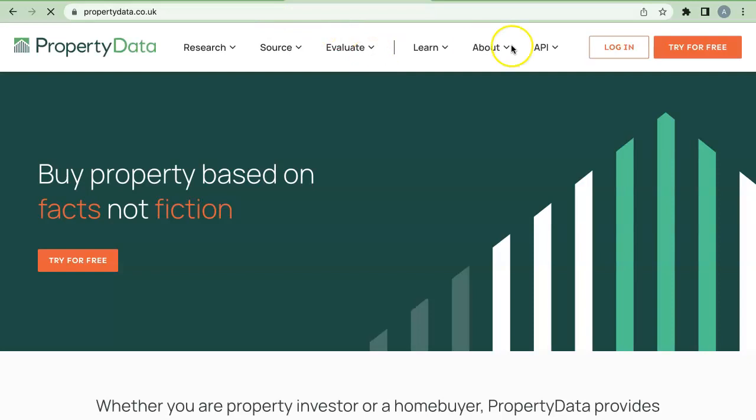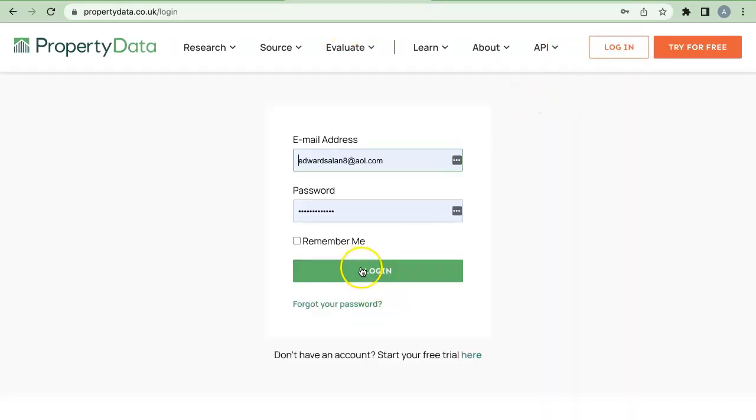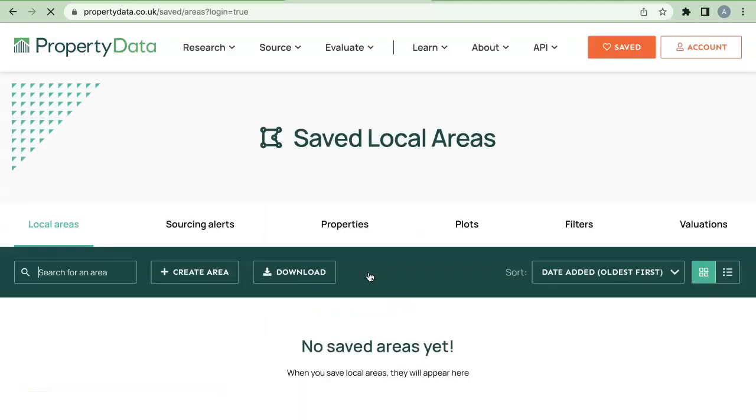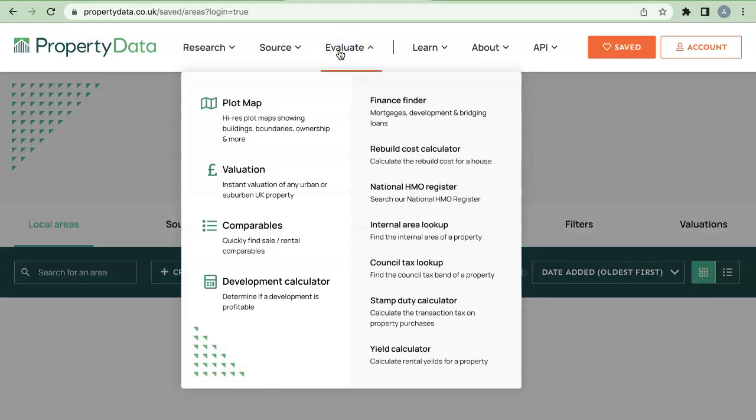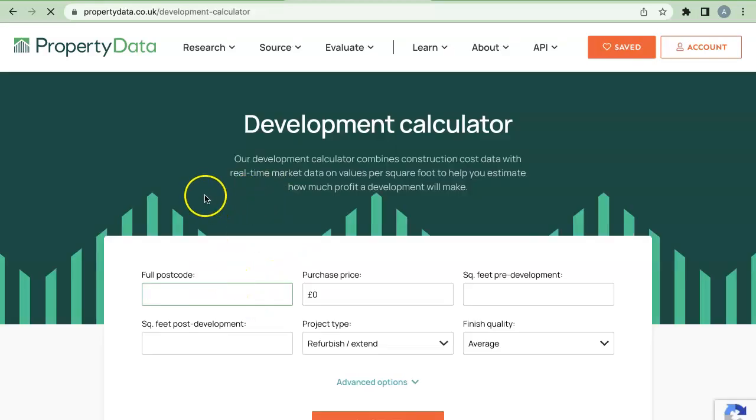If we go to Property Data and log in with our normal login details, and go to evaluate for development calculation, we put in the postcode of the property, which is KM8, and the purchase price.